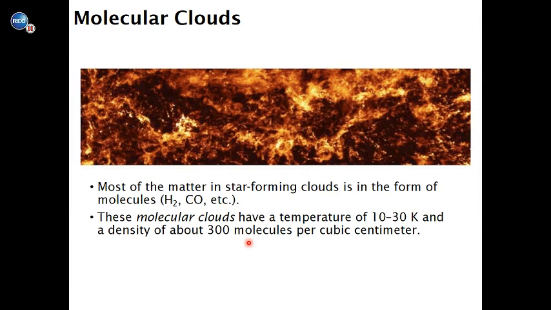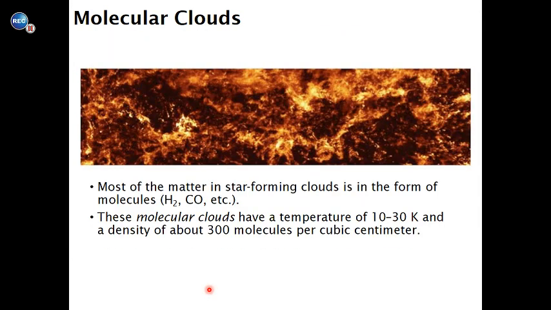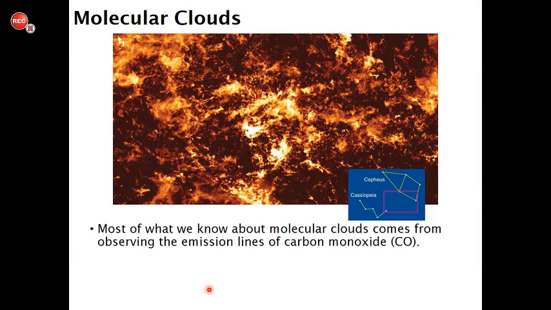You'll get oxygen, nitrogen, carbon monoxide, just one or two atoms bolted together. You hear reports every once in a while that they found ethanol or formaldehyde or even amino acids, complex molecules. But for the most part, very simple molecules of just hydrogen, carbon, oxygen, nitrogen. And the density is going to be a few hundred molecules per cubic centimeter, which is high density, comparatively.